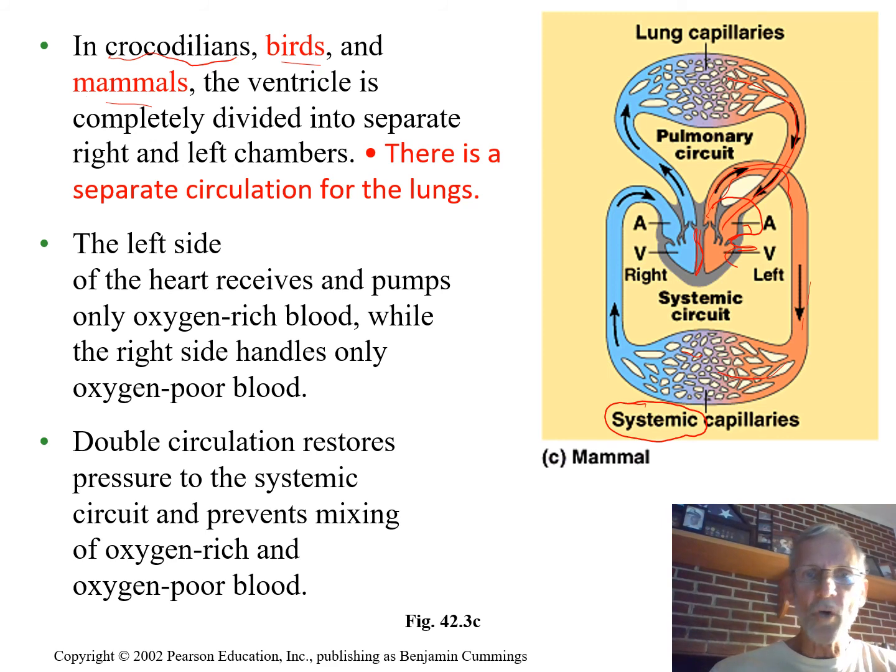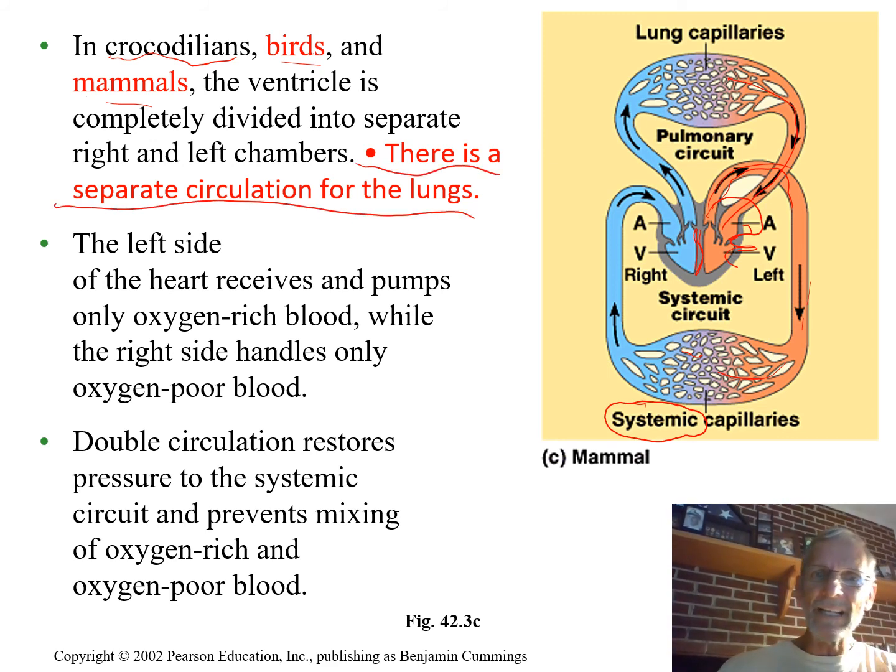Okay, so here in red, they say that, and this was true for the amphibians also, there's a separate circulation to the lungs and back to the heart, and to the rest of the body, which we just again said was called systemic, back to the heart. That's double circulation.